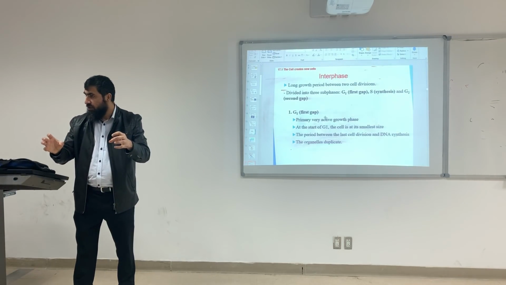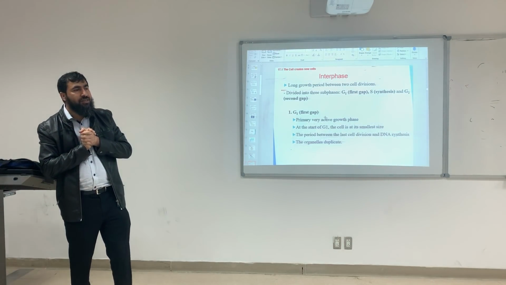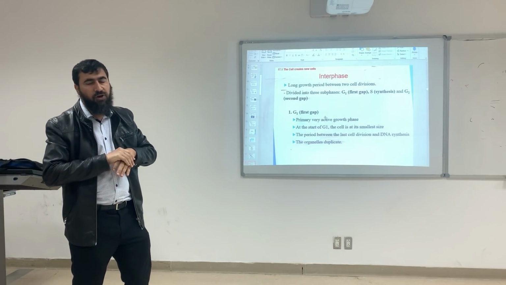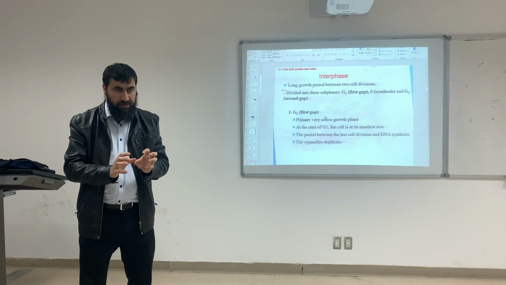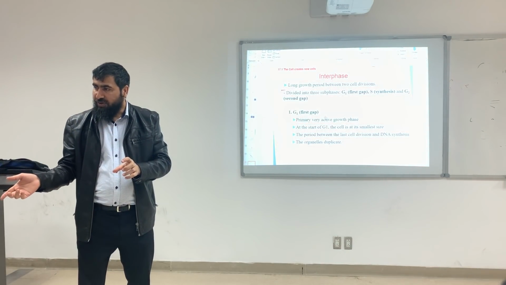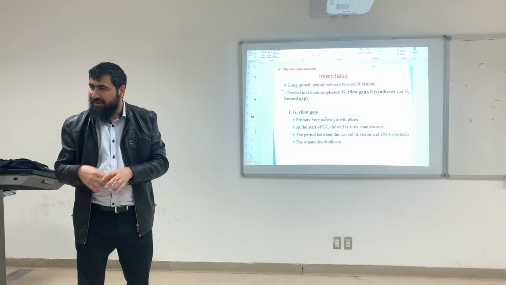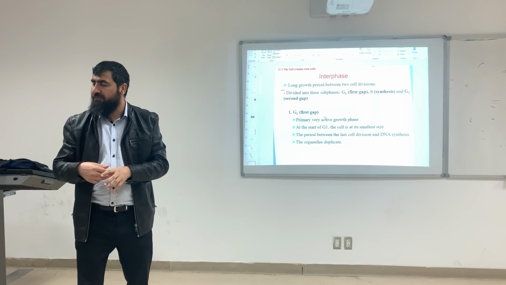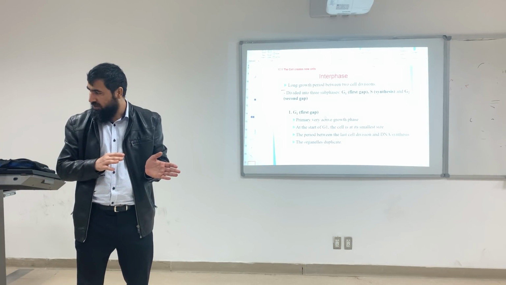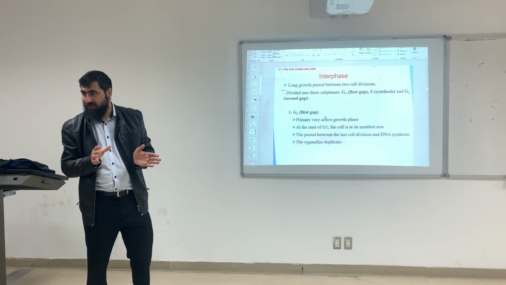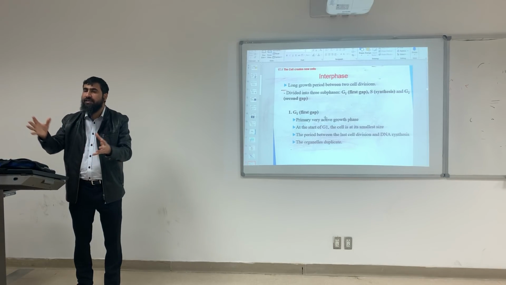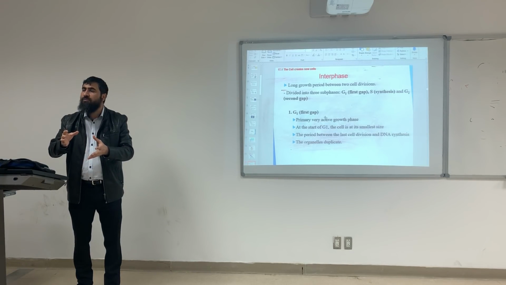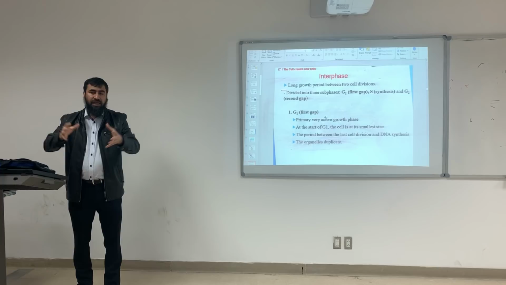So the surface to volume ratio will be the largest here, because the smaller the cell, the bigger the surface to volume ratio. Remember from chapter 3? Surface to volume ratio increases as the cell gets smaller and decreases as the cell gets bigger.